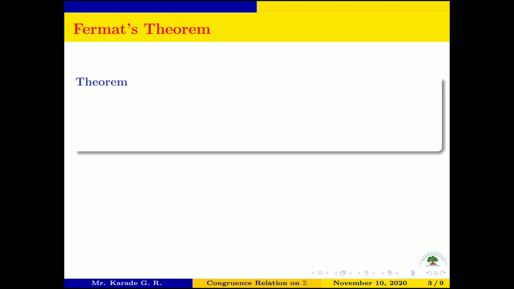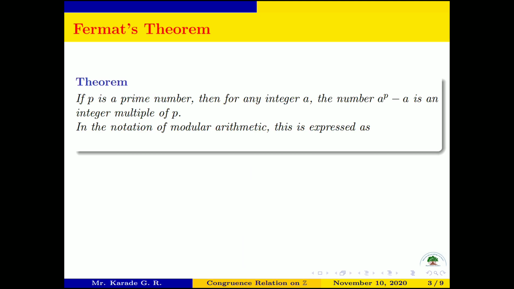The statement of the theorem is: if p is a prime number, then for any integer a, the number a raised to p minus a is an integer multiple of p.